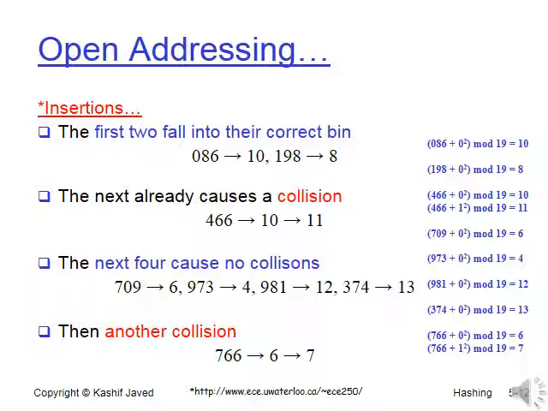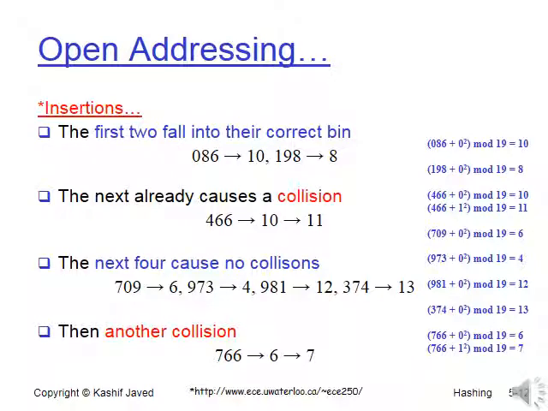For random number 466, the hash value computed as 10, but bin 10 is already taken by random number 86. It already causes a collision. Thus we further increment the quadratic function I to 1 and compute the hash value as 466 plus 1 squared, the whole term mod 19, which equals 11. Bin 11 is empty, therefore we insert into it.